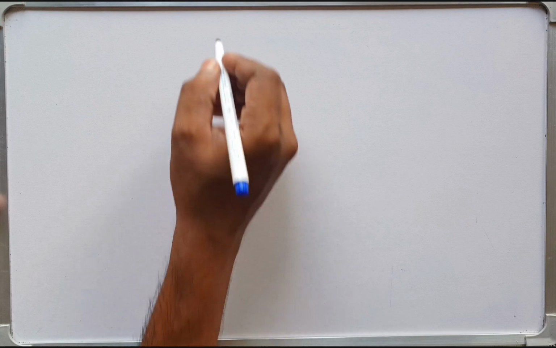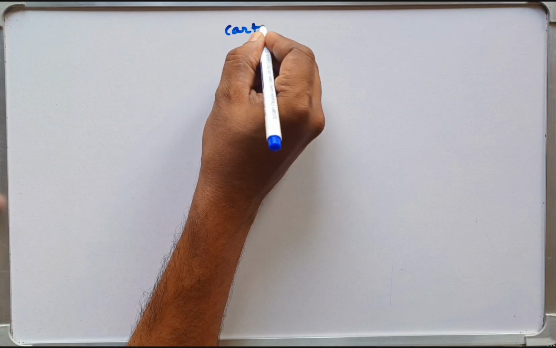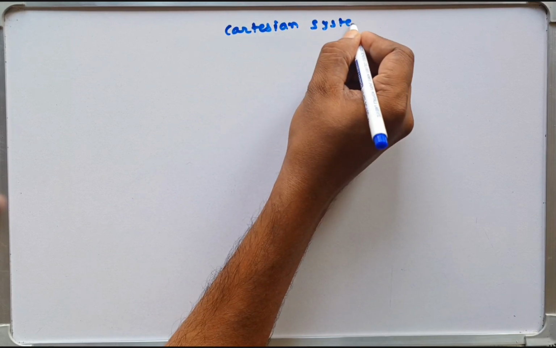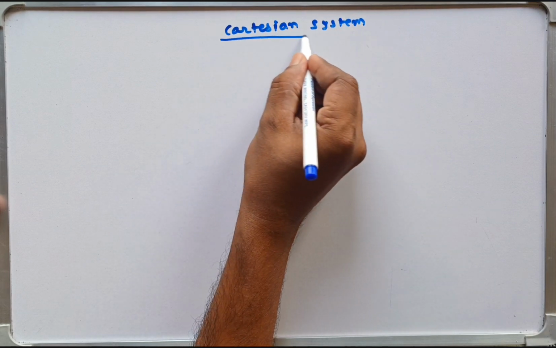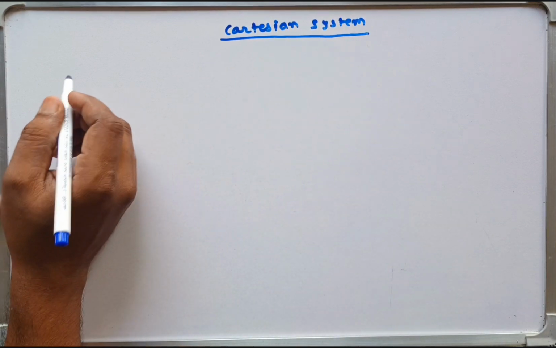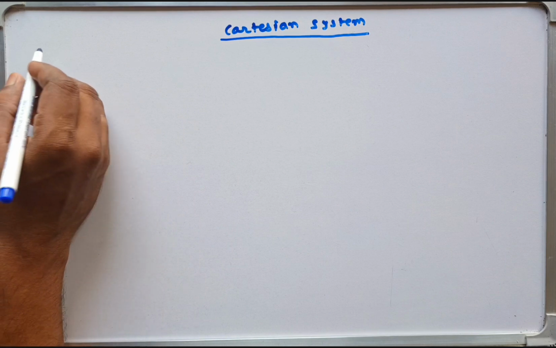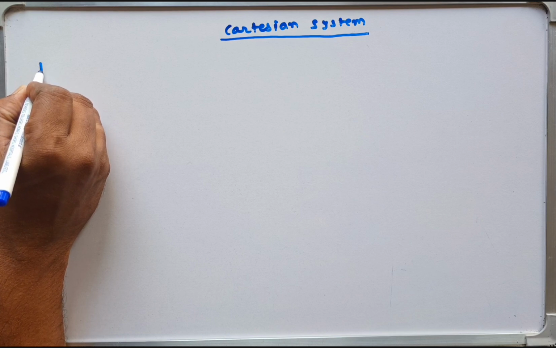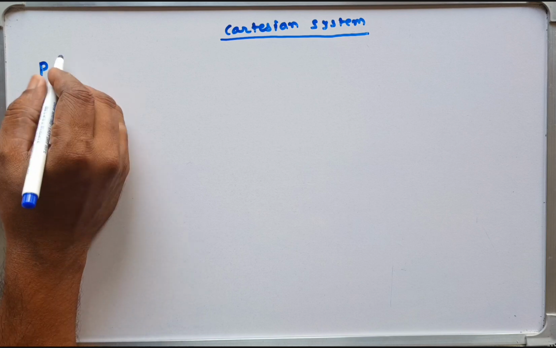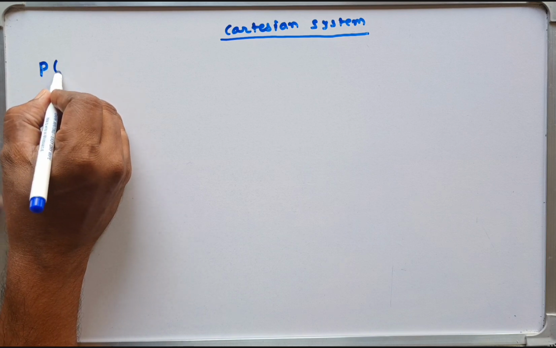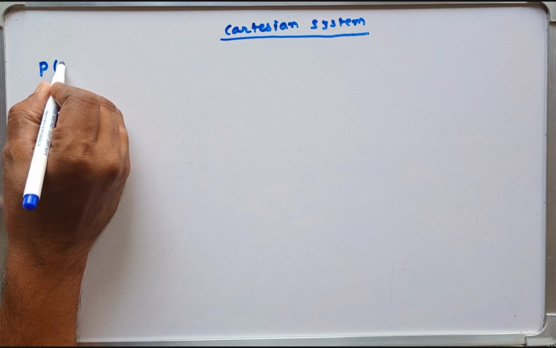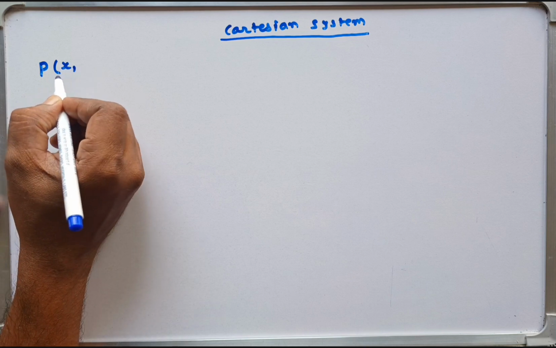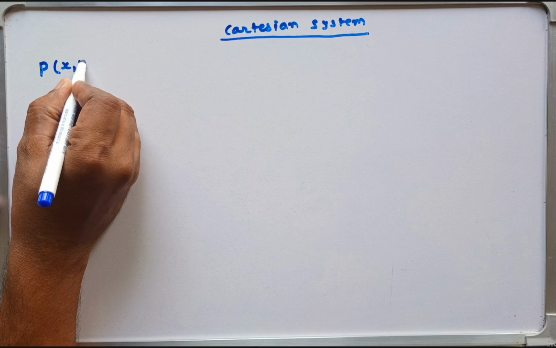Guys, now the Cartesian system. In the Cartesian system, guys, we represent a point like this. First we write the name of a point like P, then we start a small bracket, then we put the value of the x coordinate, and then we separate this value with the y coordinate.